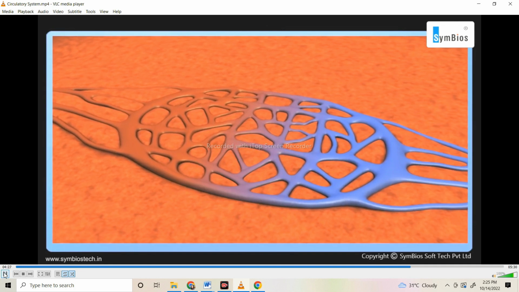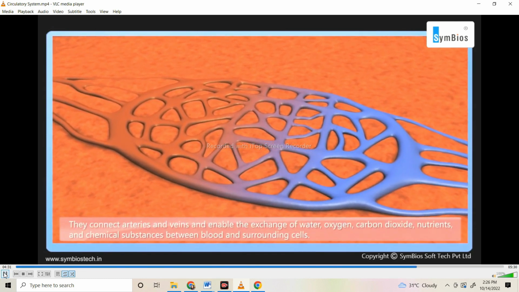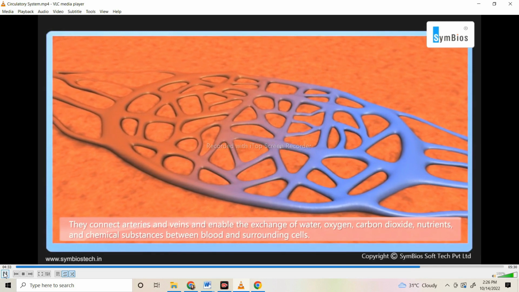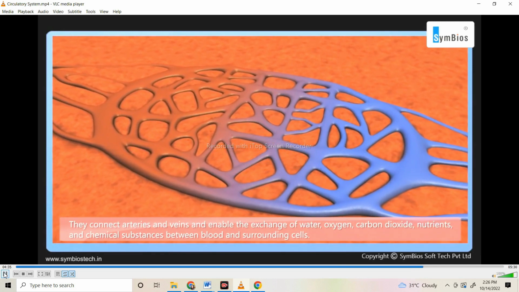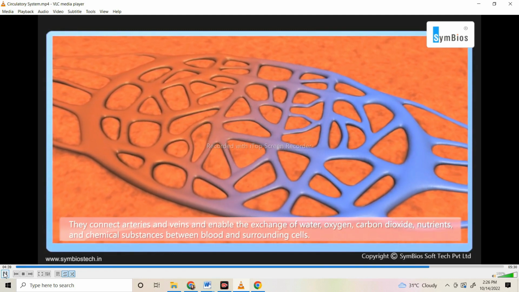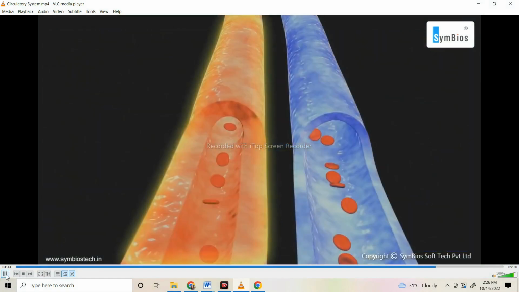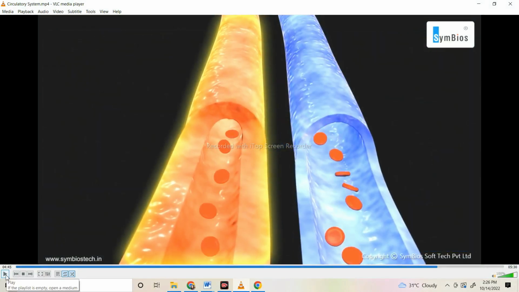They connect arteries and veins and enable the exchange of water, oxygen, carbon dioxide, nutrients, and chemical substances between blood and surrounding cells. So I hope this one is clear. The three types of blood vessels, again: arteries, veins, and capillaries.